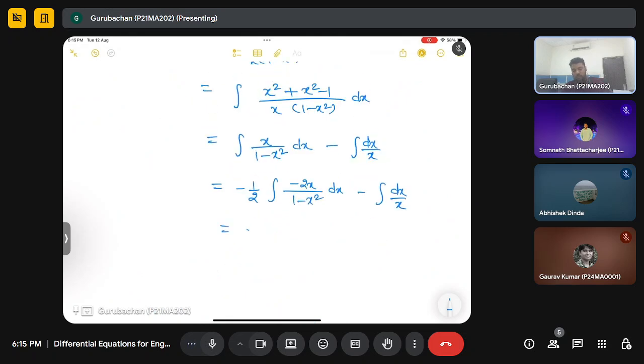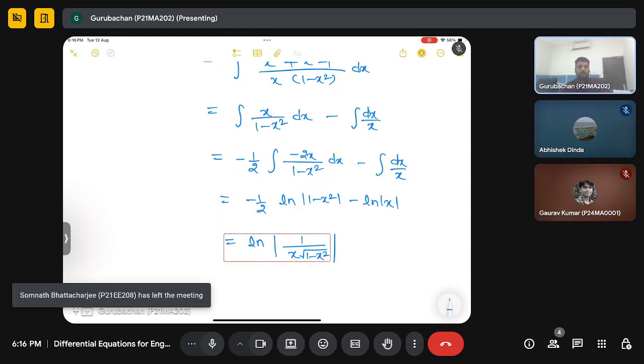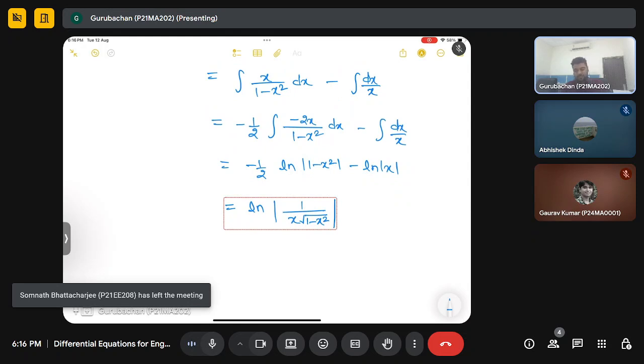This will give you ln(1 - x^2) minus ln x. If you rewrite it, this will be ln of 1 by x times the square root of 1 - x^2.